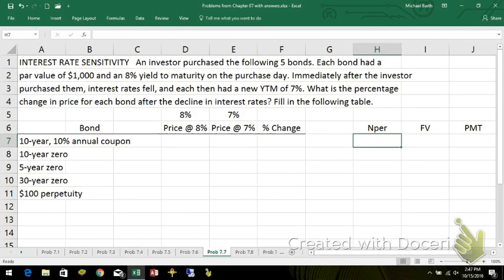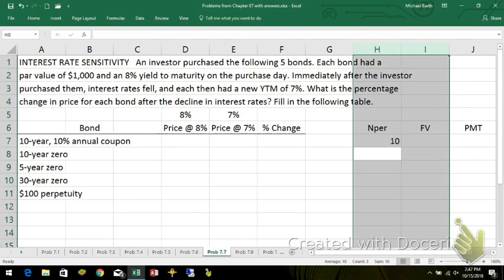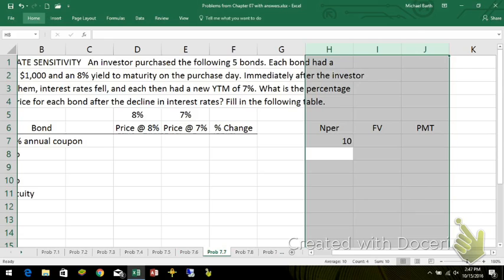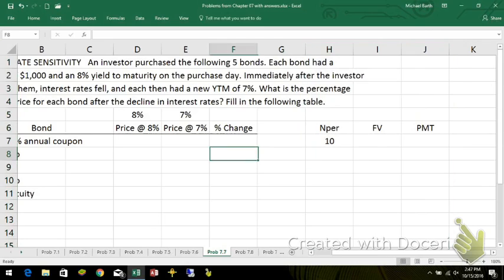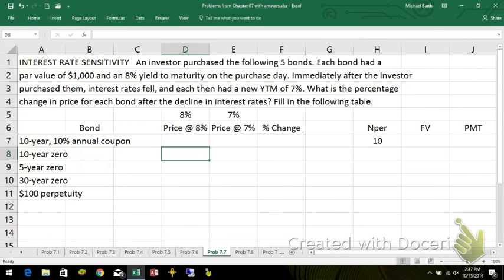So this has got 10 years to go. 10 years on the first one, 10 years on the second one, 5 years, 30 years, and then the perpetuity, this is infinity. So I'm going to solve that one differently.